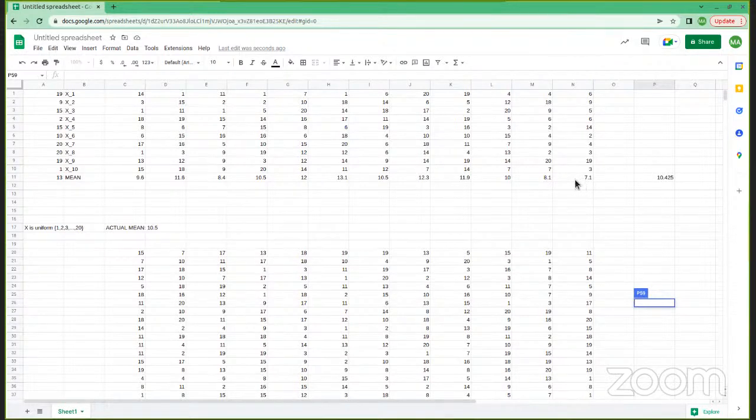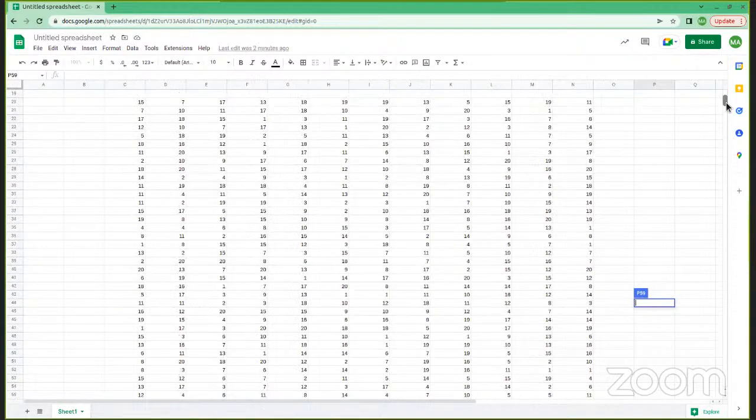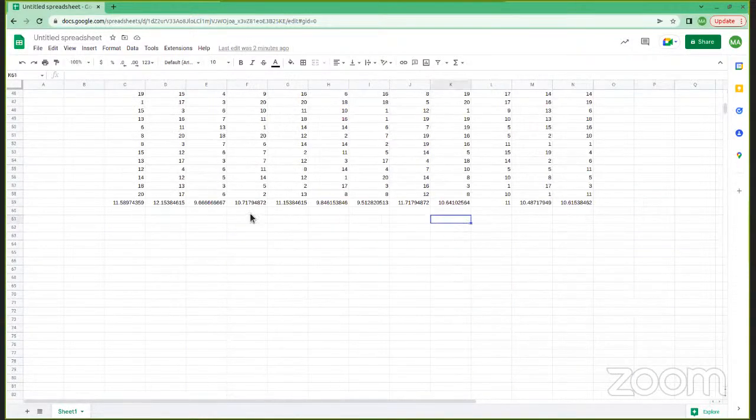So we have 7.1, 8.1, 11.9, 12.3, 13.1. So this goes from 7.1 to 13.1, which is like a 6 interval. So the data is distributed in that 7 to 13 interval, so the variance will be high compared to the variance of these samples.